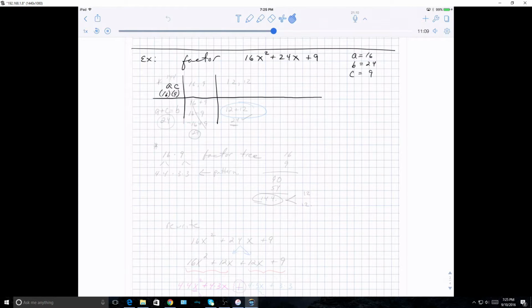If we look at this, clearly we have the factors 16 and 9 that would give us that product. And is there any way to get 24 from that? Well, what if one's plus, what if one's minus? Because remember, we're trying to get A plus C to equal B, in this case 24.